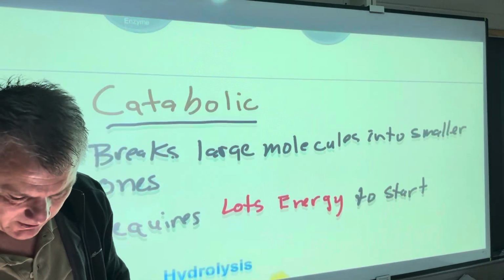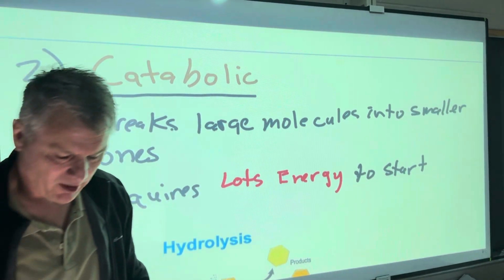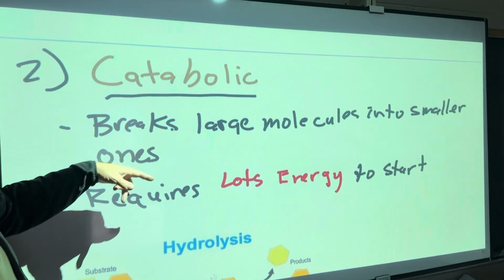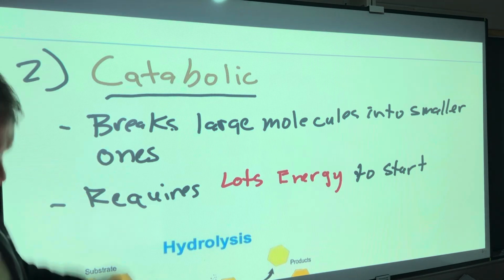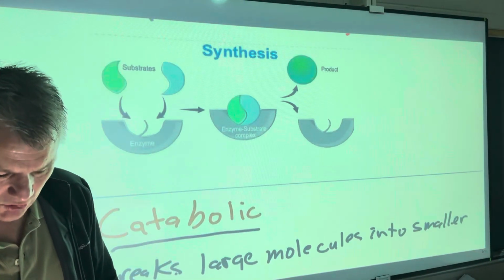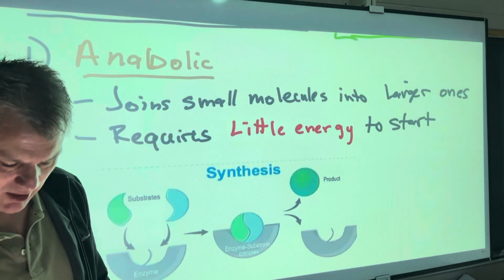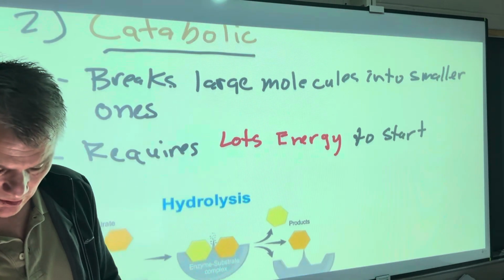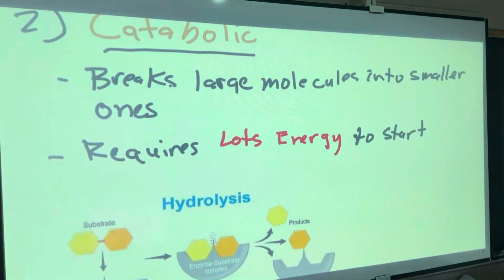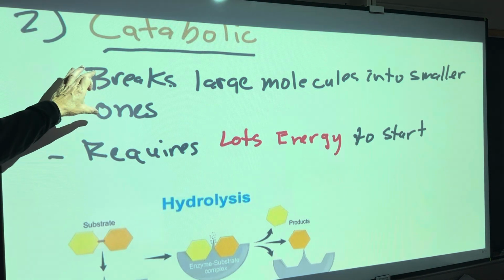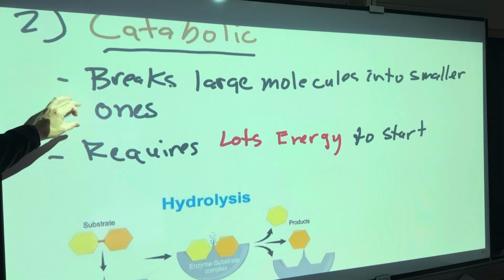Now, catabolic reactions break larger molecules into small ones. Where the anabolic ones tend to absorb energy, these will release energy. Okay? So it breaks large molecules into smaller ones.